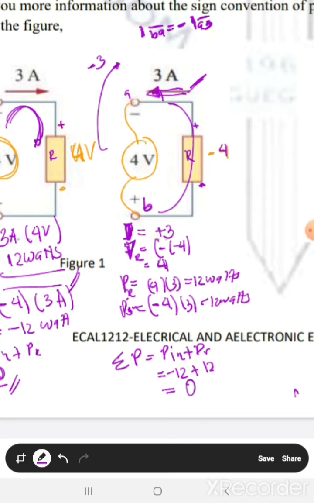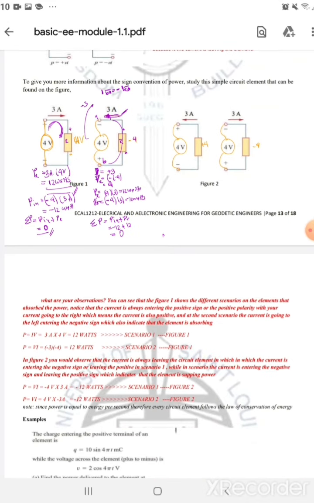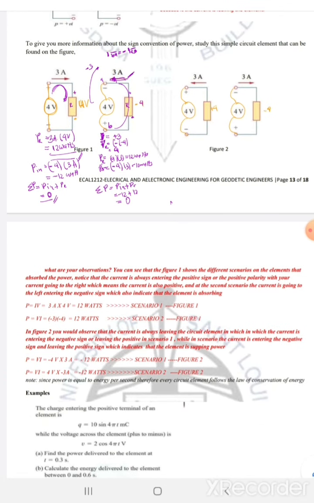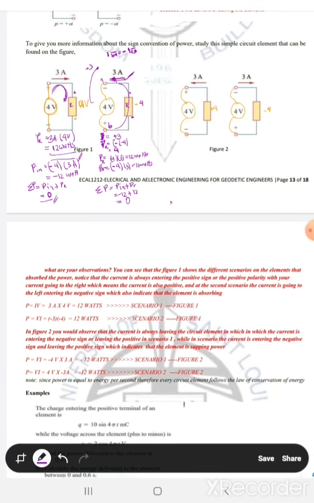But if you are getting the output power, it is always lesser than your P in because of what you call the losses in the circuit, and these are your other resistors which are not a load. Okay? So, as you can see, this explanation is based on this scenario. You can see figure 1 shows the different scenarios on the elements that absorb the power. Take note, assuming that your 4 volts is a source. Okay?